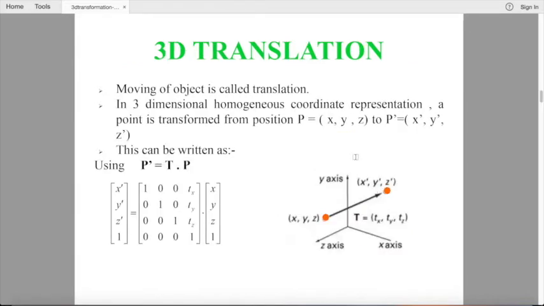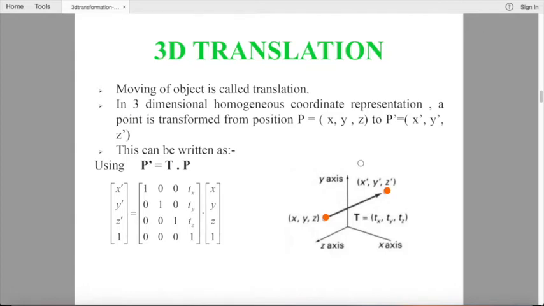3D translation is the moving of an object in 3D dimension, using homogeneous coordinate representation. A point is transferred from position P equals x, y, z. It changes to P dot equals x dot, y dot, and z dot.